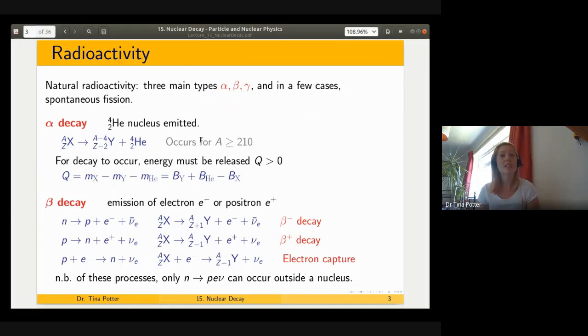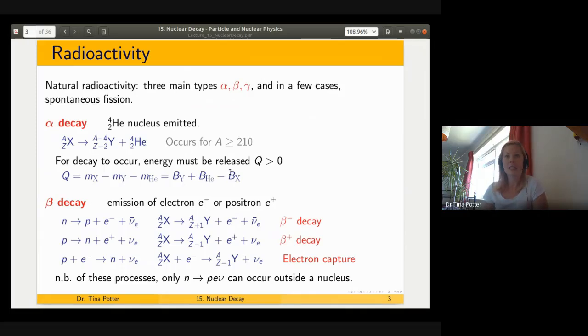So if the energy released has to be larger than zero, that means that the difference in the mass of the parent nucleus and the daughter nuclei, so that's our daughter nucleus and our helium nucleus, has to be larger than zero. And this is calculated using the binding energies of the daughter nucleus, the helium nucleus, and our original parent particle. So the binding energy there is really important. So as you can guess, we'll be looking at our semi-empirical mass formula there.